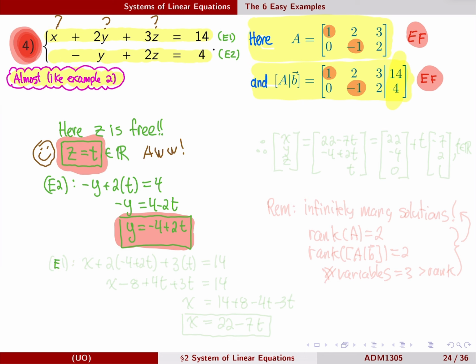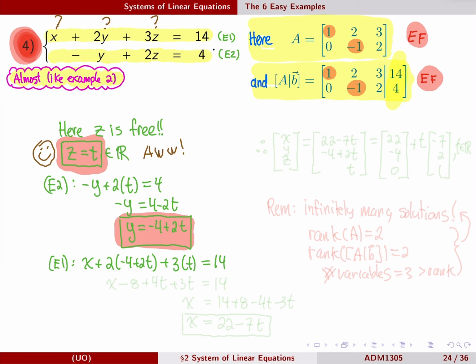So now for equation 1, we have x plus 2 times y, but now y is freshly known to be minus 4 plus 2t. So I'm replacing the y by its expression, plus 3z, z is still equal to t, equal to 14. And now let's find a formula for x that will depend on t.